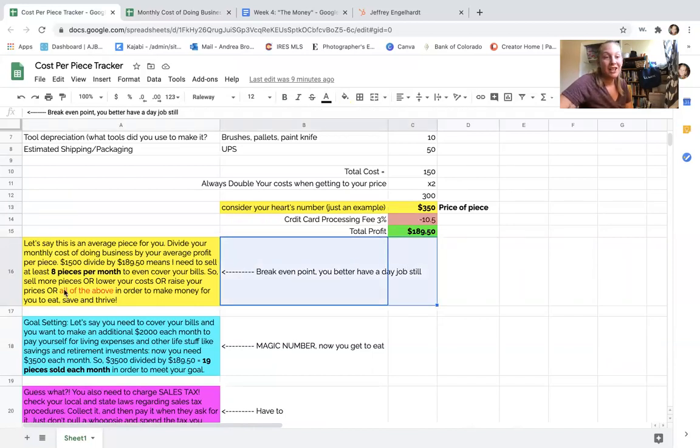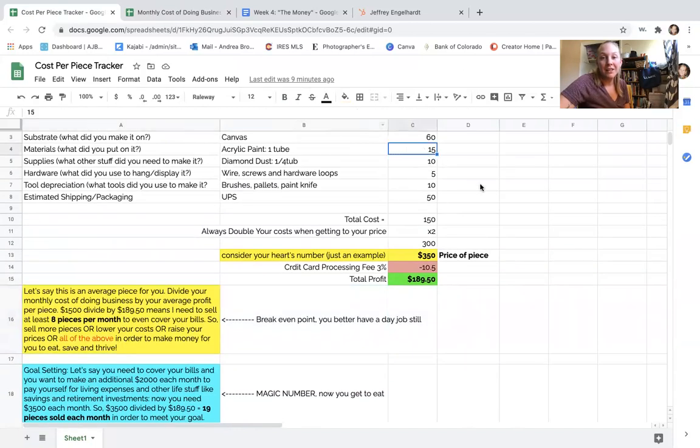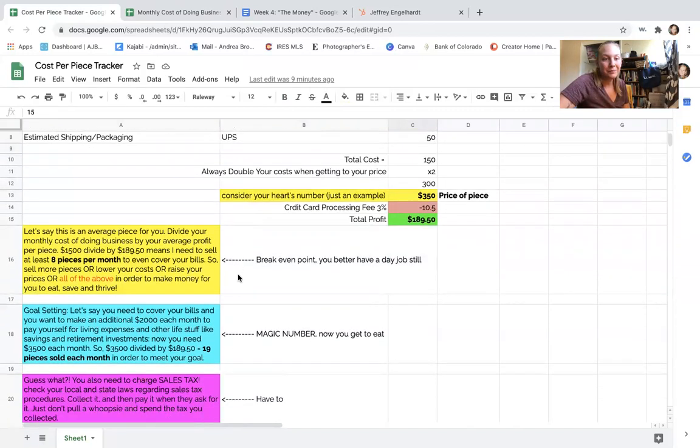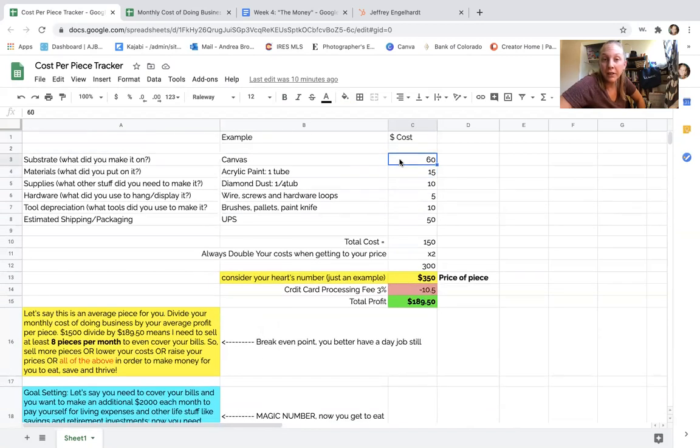Yeah, okay. So start to play around with these numbers. See if you can mess with these in order to get to where you need to be. All right. Now, you could sell more pieces. That would be good. Or you could lower your costs. Can you find a better price on canvas?